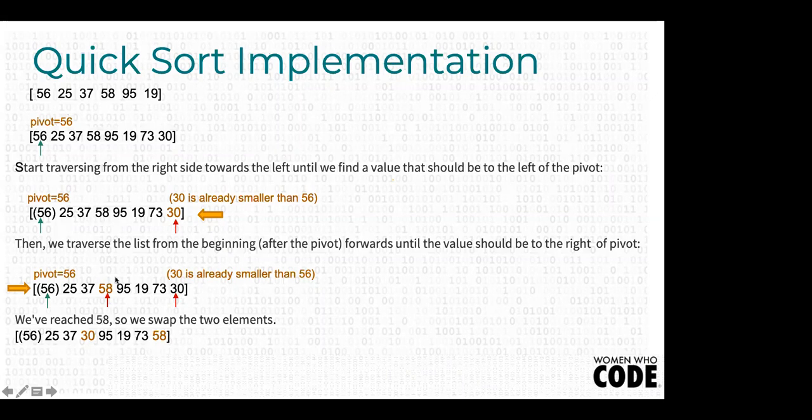Now you found that element as 58, which has to be greater than the pivot, and you also found an element that has to be smaller than 56. Now you swap them with each other. So 30 and 58 are swapped. The array becomes 56, 25, 37, 30, 95, 19, 73, and 58.